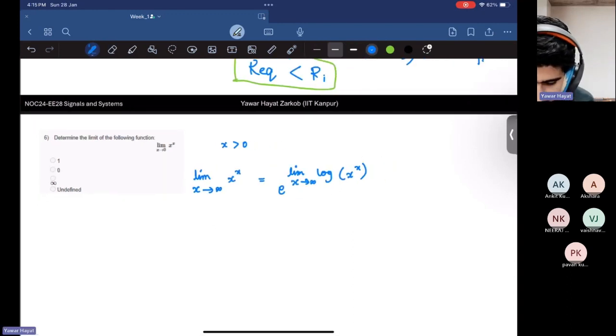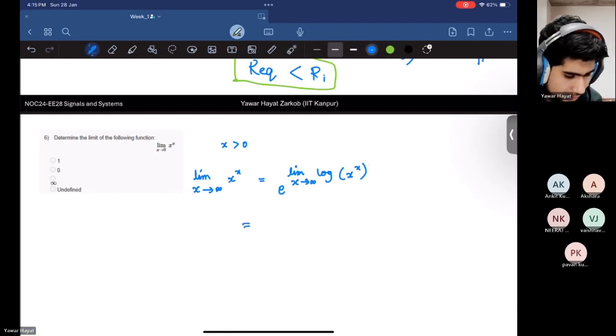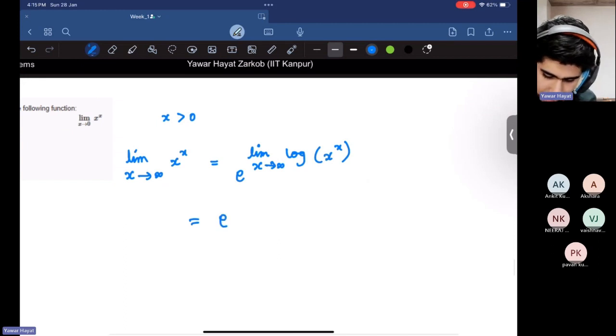Okay, then what I used here is log of limit is limit of log. You can give it a thought, it's pretty straightforward. Then this can be written as e power limit x tends to 0 of x log x, right?